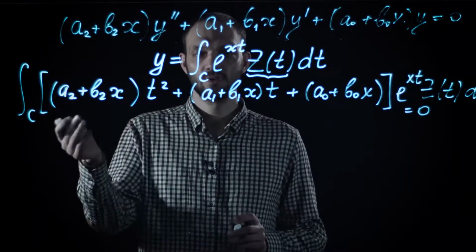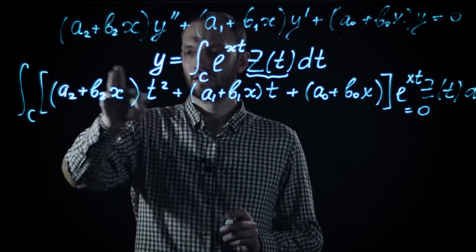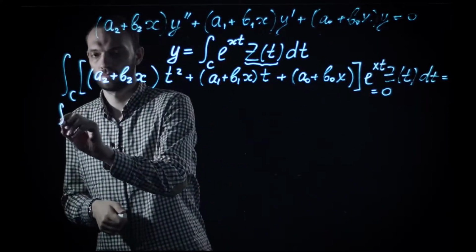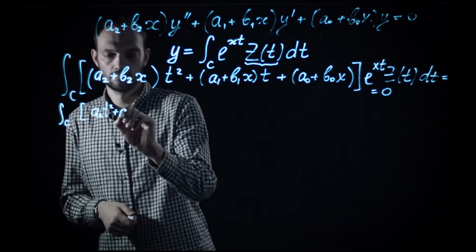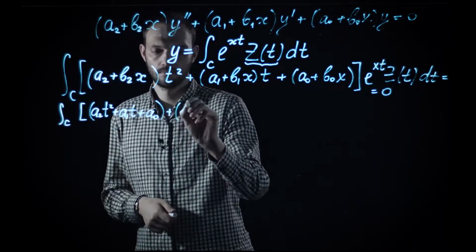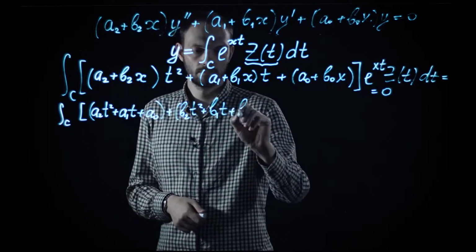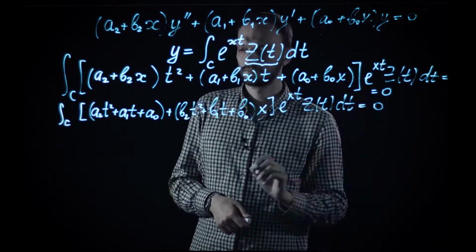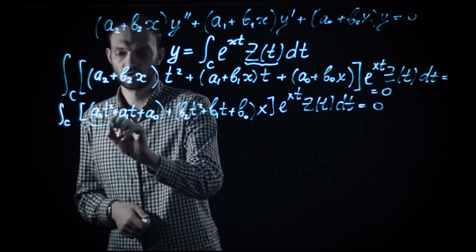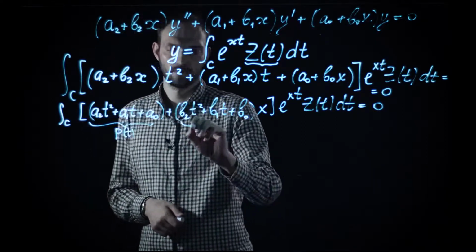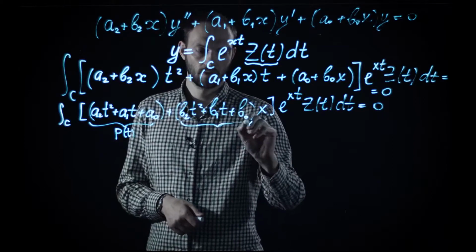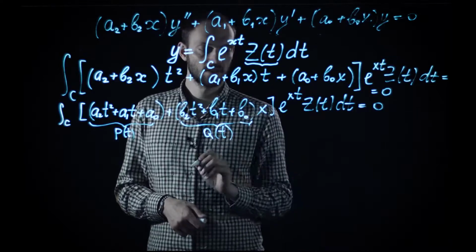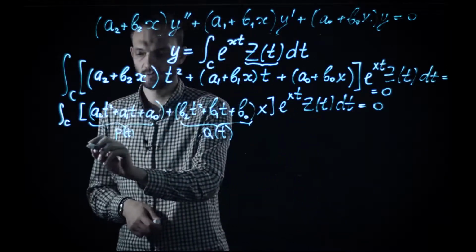It is actually convenient to slightly rearrange the expression in the square brackets to the following form. And in fact, this object will be very important, and we will introduce shorthand notations for them, so that the equation actually becomes even simpler.